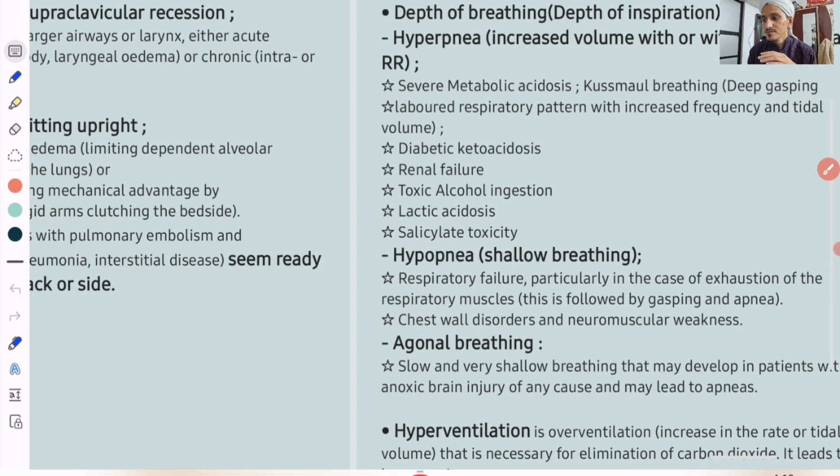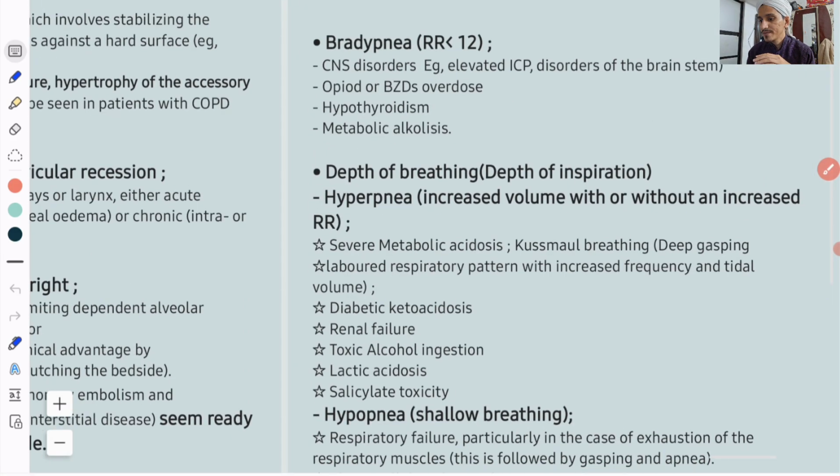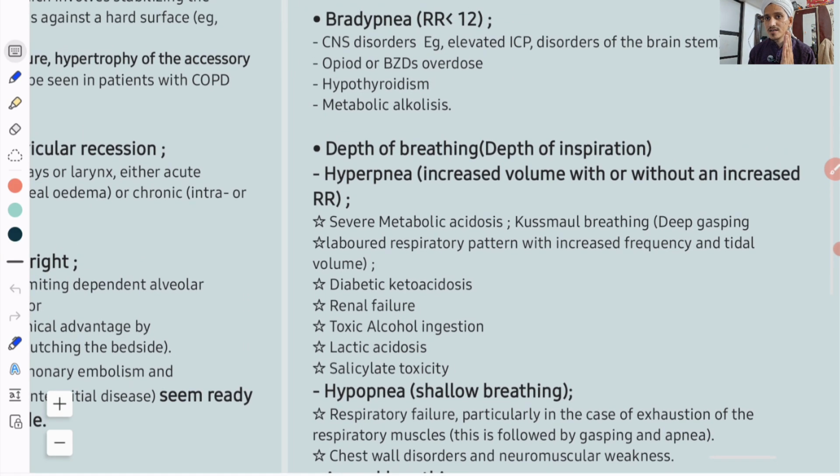Now coming to bradypnea. This is about rate, depth, and rhythm. Bradypnea is a rate of less than 12. The respiratory centers are depressed, and because of depression of the respiratory center, the respiratory rate is reduced.